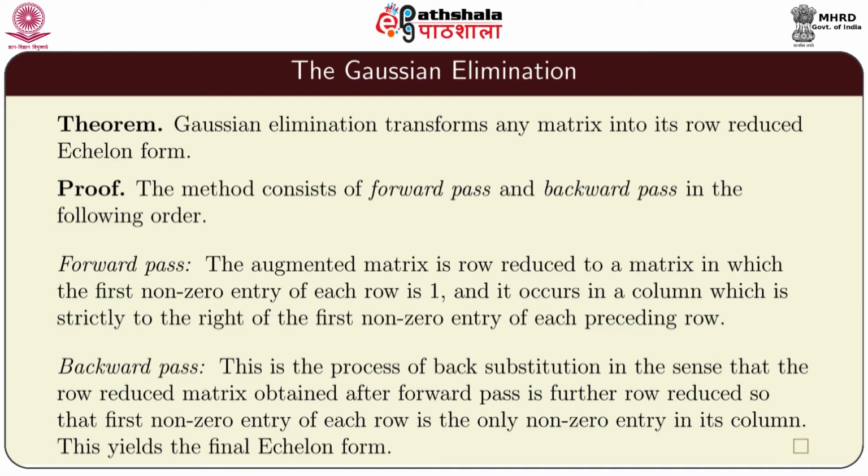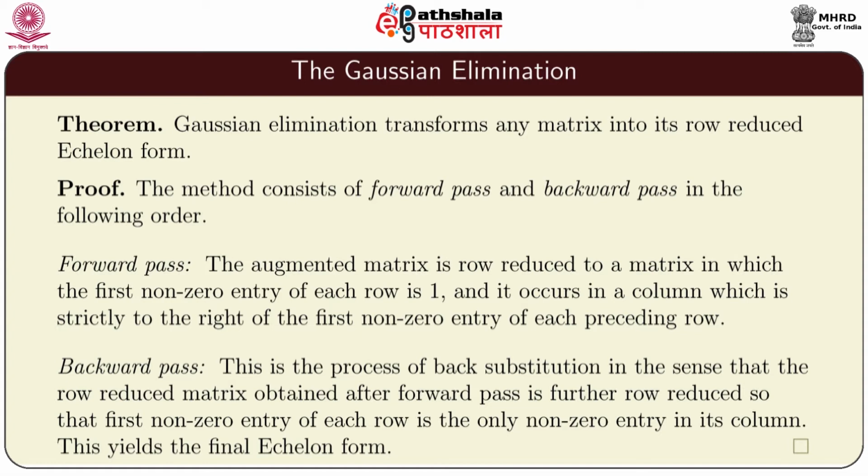Just recall that what we are trying to do is that we have a matrix, we will be applying elementary row operations on the matrix, and then eventually the form that we want is the echelon form.